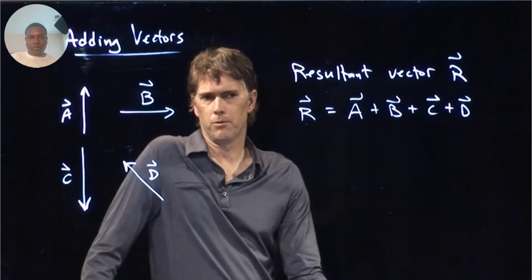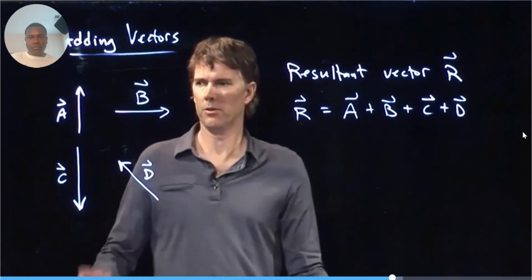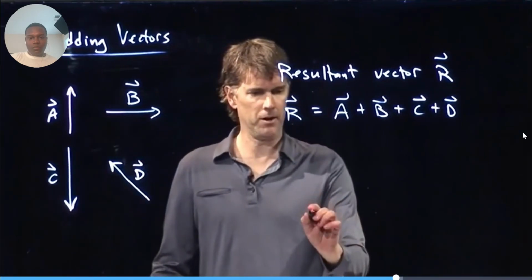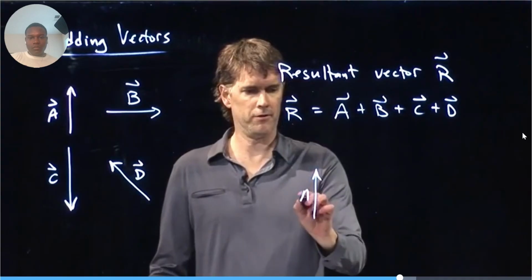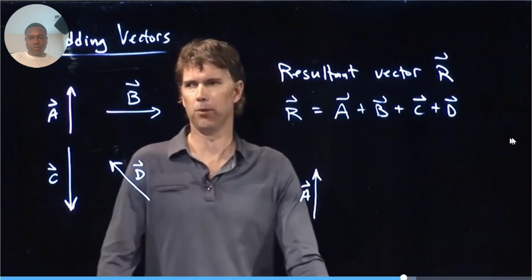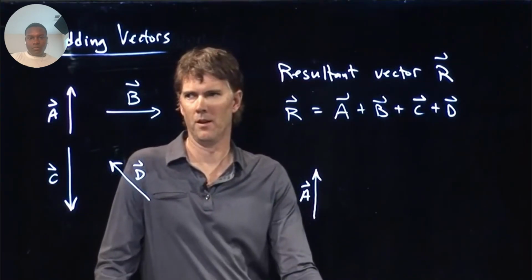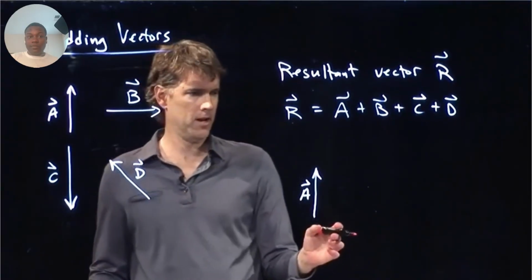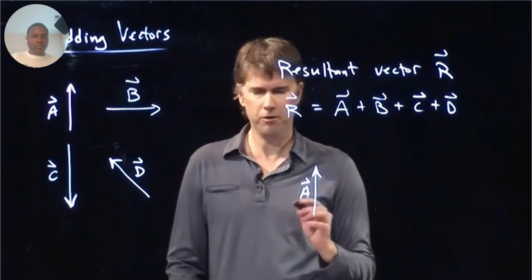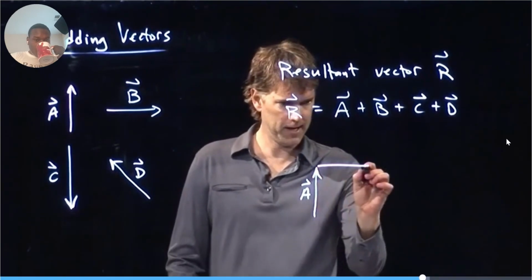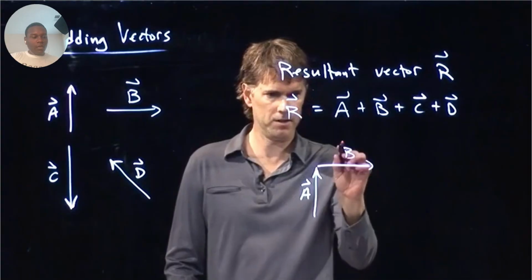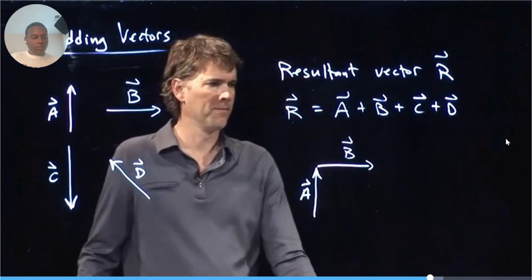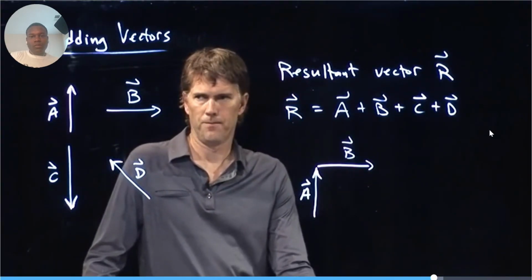All right, what we said was when we're adding two vectors, we just draw the first vector somewhere. There's my first vector A, roughly the same length and the same orientation. And then I take the tail of the second vector and add it to the tip of the first vector. So there's the tail of B attached to the tip of A, and it's heading off to the right.